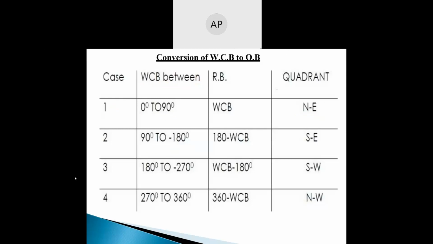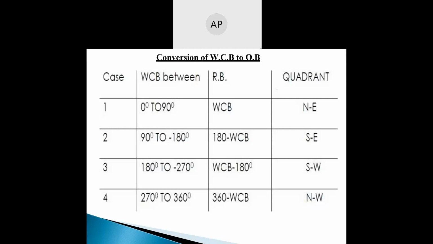Southeast. Suppose in whole circle bearing we have got an angle of 190 degrees, then it lies in the S and W, southwest quadrant.